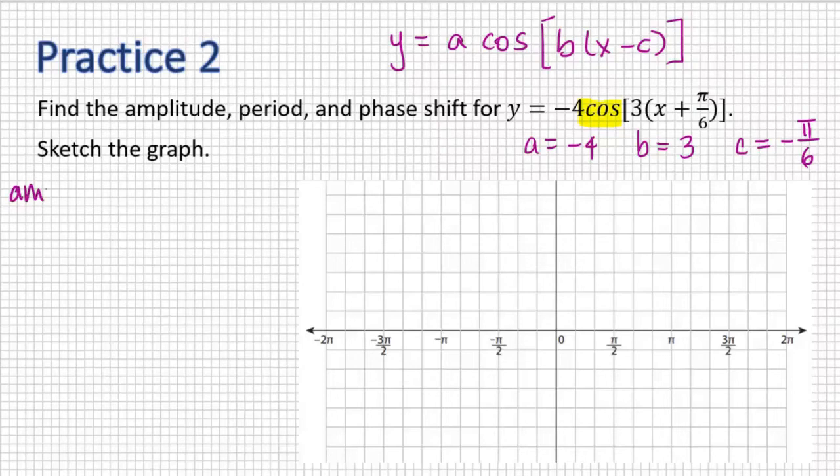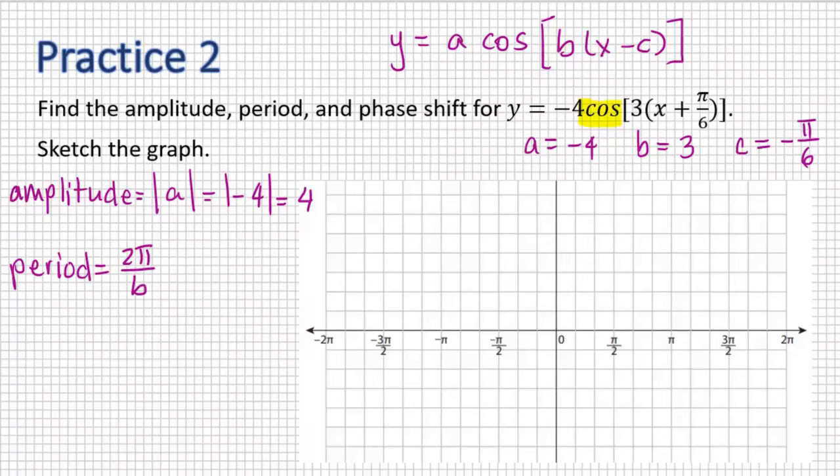The amplitude of the function is always the absolute value of a. In our case, that's the absolute value of -4, which is just 4. The period of the function is always given by 2 pi over the frequency, or 2 pi over b. So in our case, the period will be 2 pi over 3.